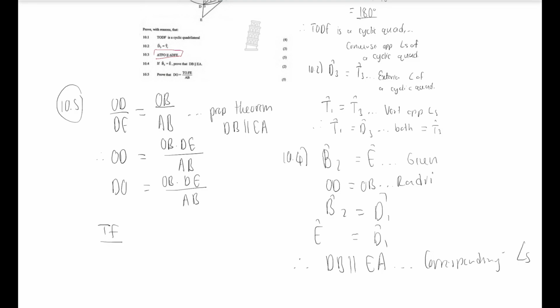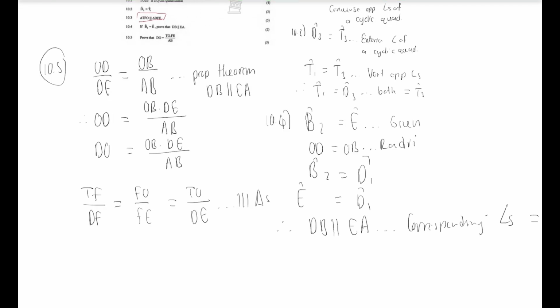TF over DF equals FO over FE equals TO over DE. You remember this? I'm just taking it from these triangles which I see over there. So what's the reason here? I say similar triangles. And then from these three, I take the two which are most appropriate to what I want to prove, which just so happens to be these two.